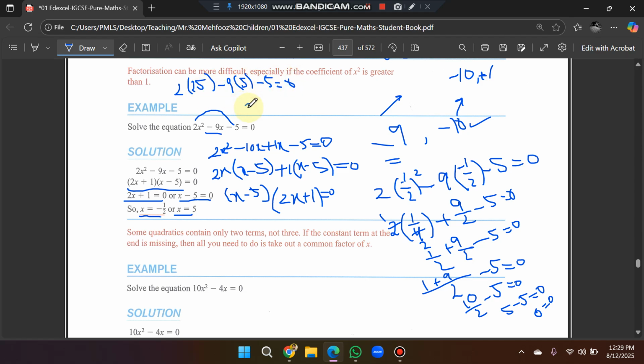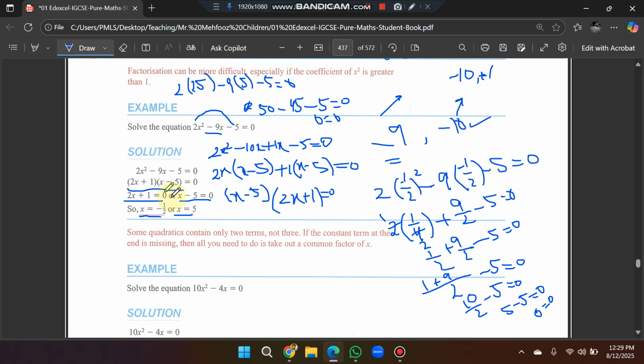So 25 multiplied by 2, that will be equals to 50 minus 45, 9 multiplied by 5, that is equals to 45. Minus 5 is equals to 0. Now you can see that left hand side is 0 and right hand side will also be equals to 0. So that's why these two numbers are the solution of this given equation, right?